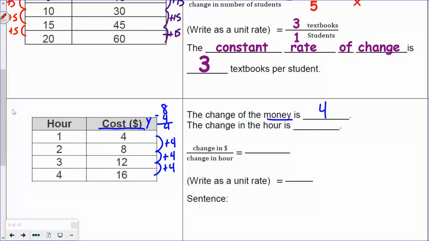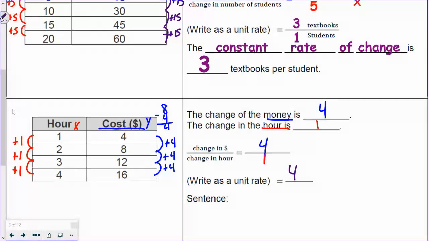But then we need to look at our hours, our x value. Okay, how do we go? 1 goes up 1 to 2, another 1 to 3, 1 more to 4. So our change in the hours is 1. So we want to write this as our fraction. Okay, so we have the change of money, 4 over 1, and as a unit rate, 4 over 1, then that gives us the unit rate of 4.